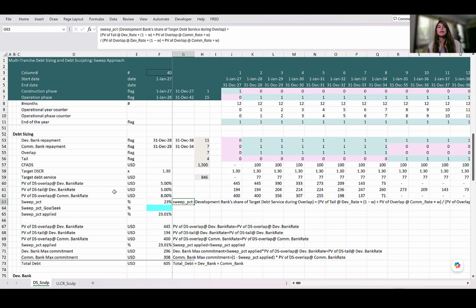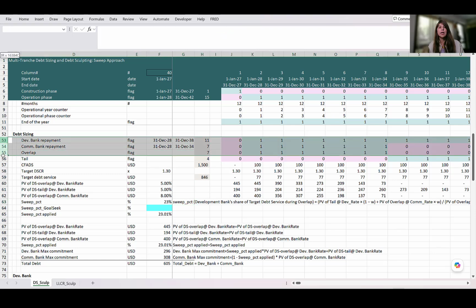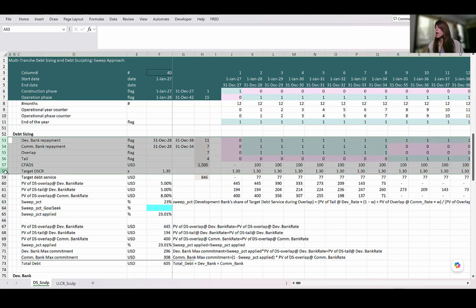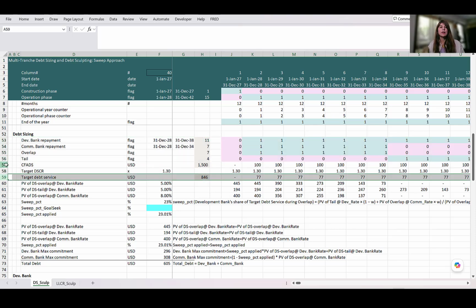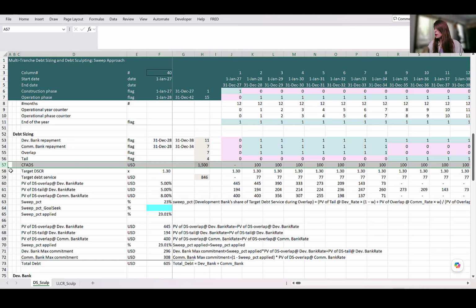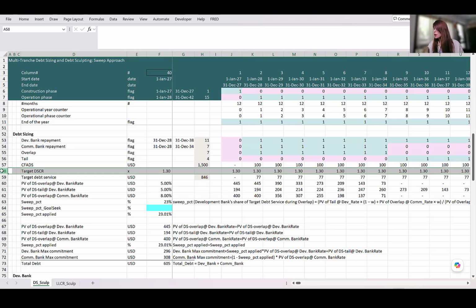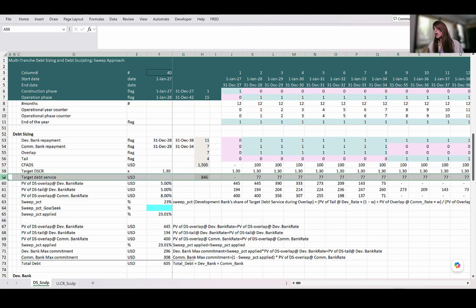So in our Excel file, we basically set up all the different flags and counters that we need to calculate this sweep percentage. We take the CFADS during the repayments. We take the target DSCR, which is provided by lenders, and we get to our target debt service.